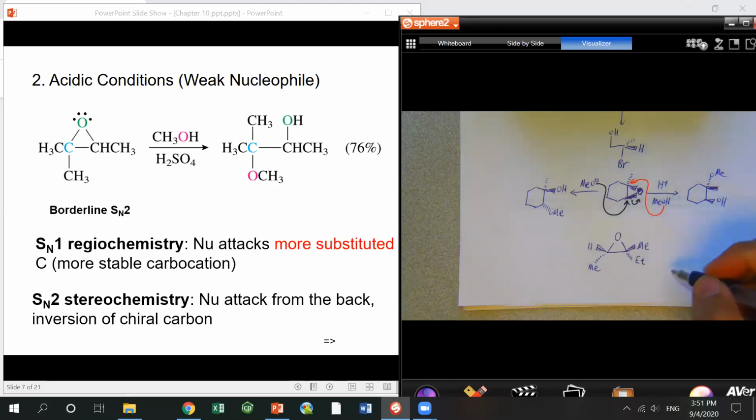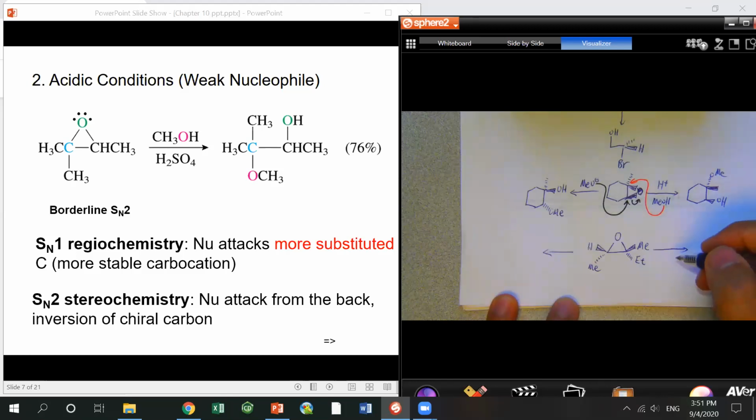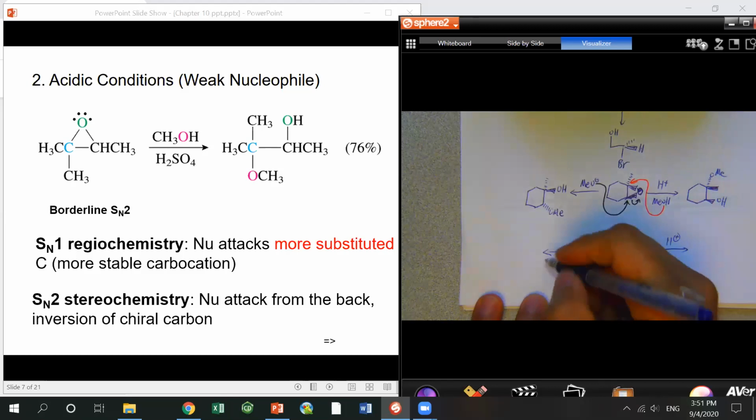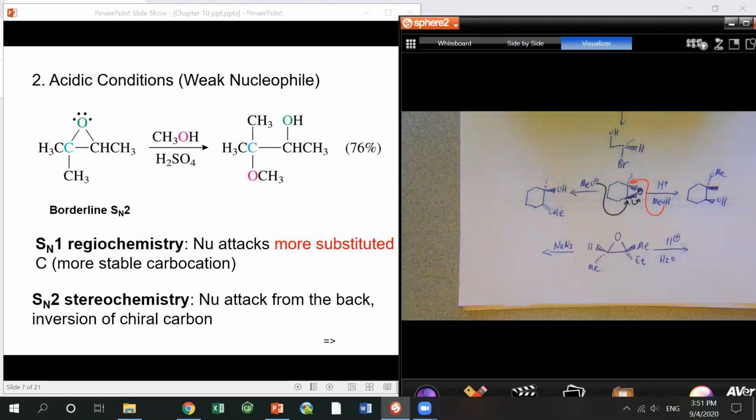We have this epoxide and we want to do some ring opening reactions. One under acid conditions, where we use just water as the nucleophile. Another under basic or neutral conditions, where we use sodium azide as the nucleophile. Try to draw the product.